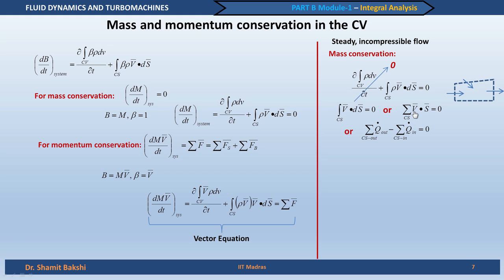So, if Q dot is the volume flow rate, this is essentially the sigma of Q dot out on the control surfaces through which the fluid is exiting the control volume, minus the sigma of Q dot in, through the control surfaces through which the fluid is coming into the control volume. If you multiply by density here, you get m dot out, that is the mass flow rate out, and m dot in, the mass flow rate in. This is the well known continuity equation.